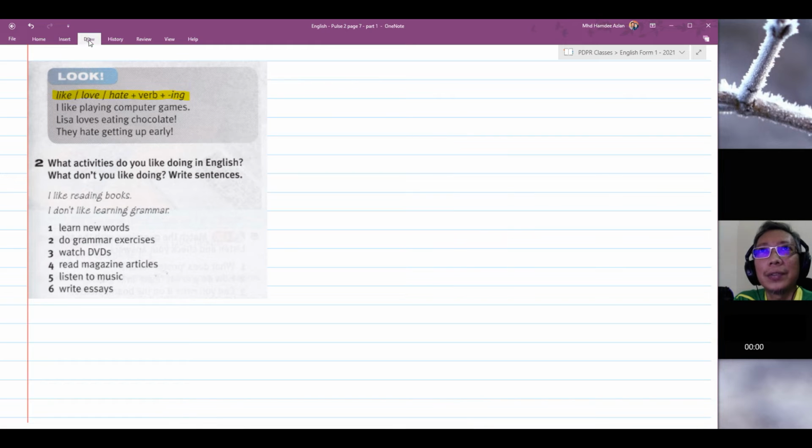First sentence given. I like playing computer games.